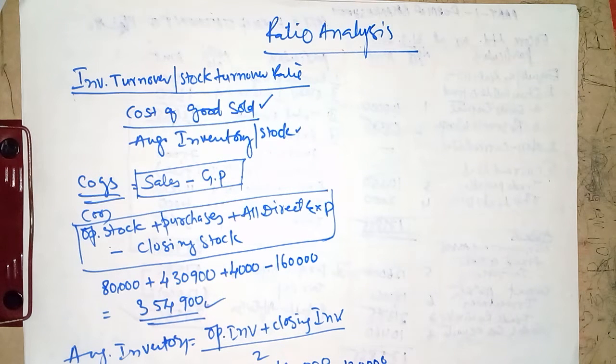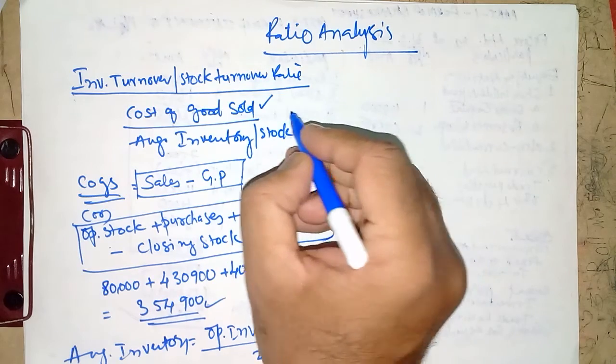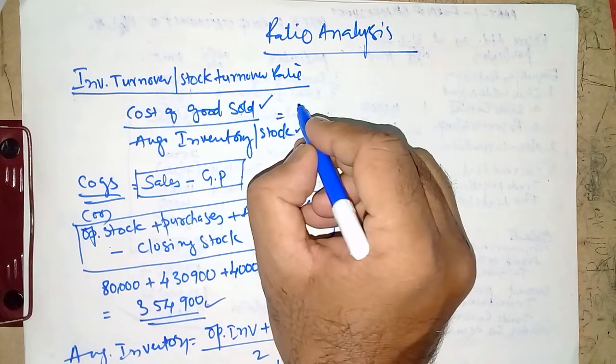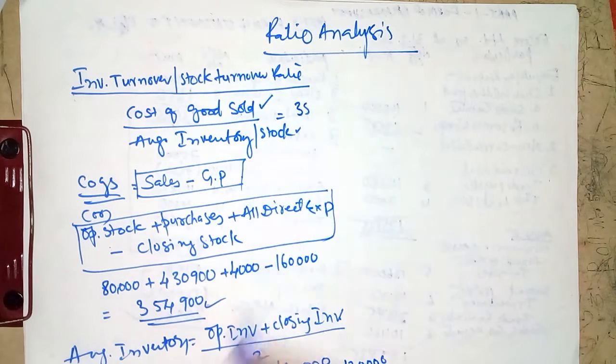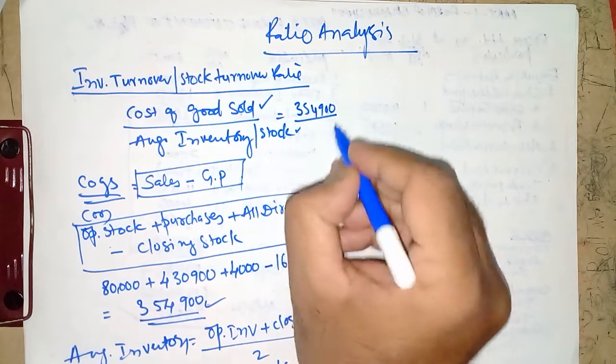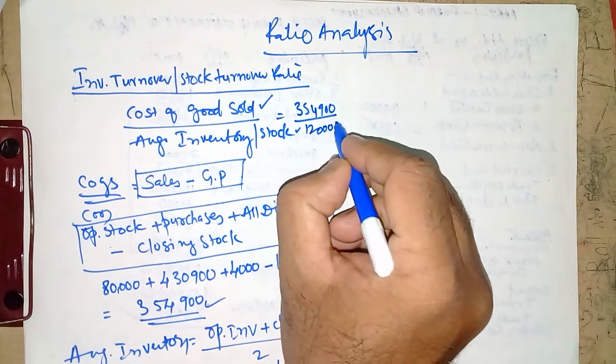Once we get average inventory, we apply the formula and get the answer. So we have two items: cost of goods sold, which we already calculated, 3,54,000, divided by average inventory, that is 1,20,000.